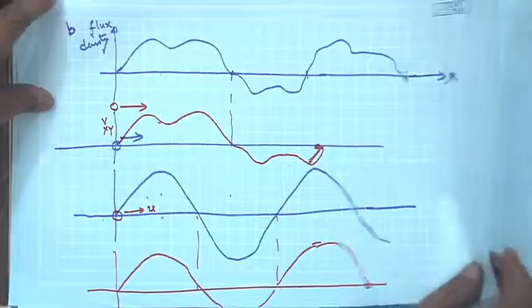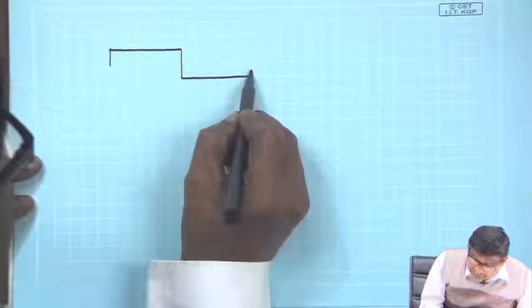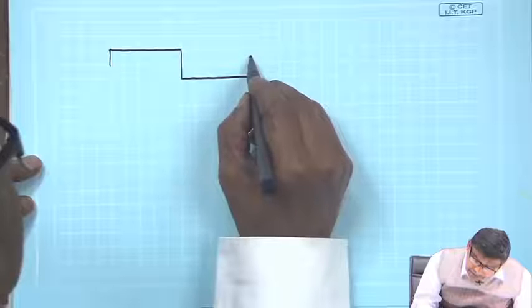Okay. Now, if that be the case, let us do another interesting thing. I was telling you that suppose you have a B distribution like this, suppose rectangular, 1, 2, 3, 4, 5. Here also 1, 2, 3, 4, 5, and then it repeats.